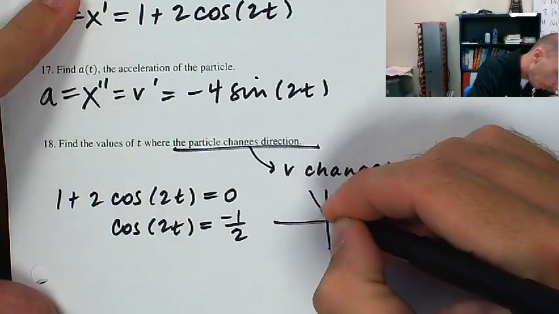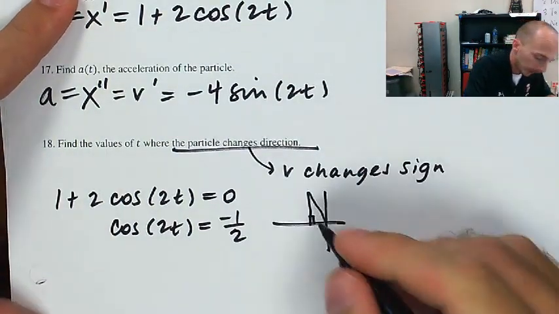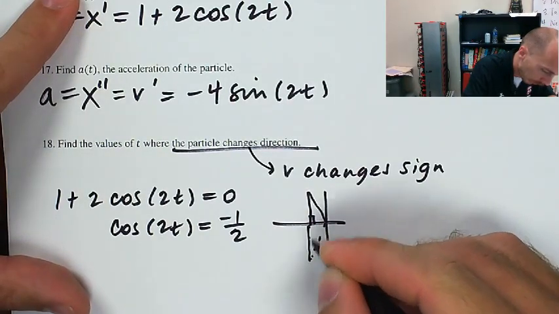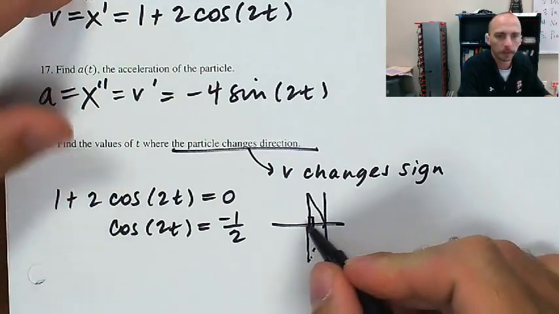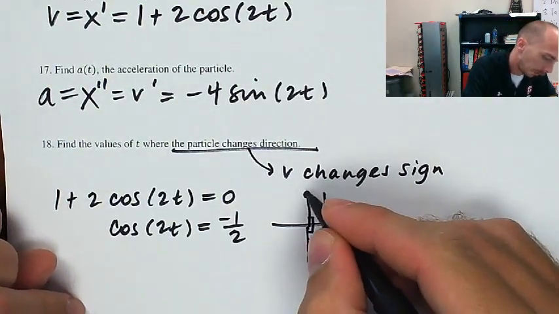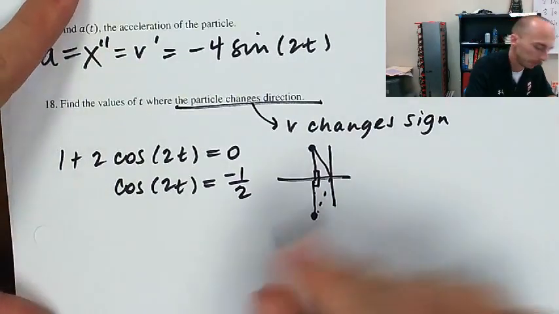That would be over here, where that's the short leg of a 30, 60, 90 triangle here. I suppose this one would also work. Still negative 1/2. So that means that 2t is going to be 2 pi over 3, and 2t is going to be 4 pi over 3.